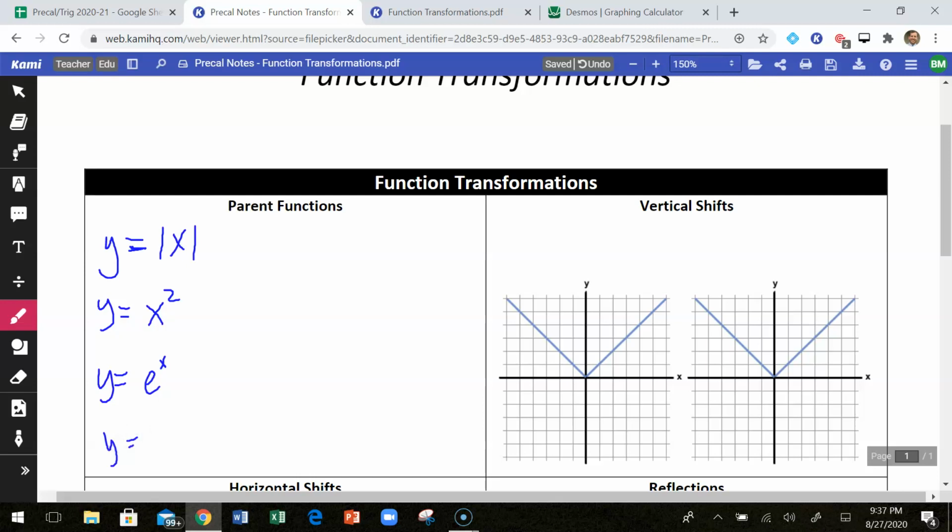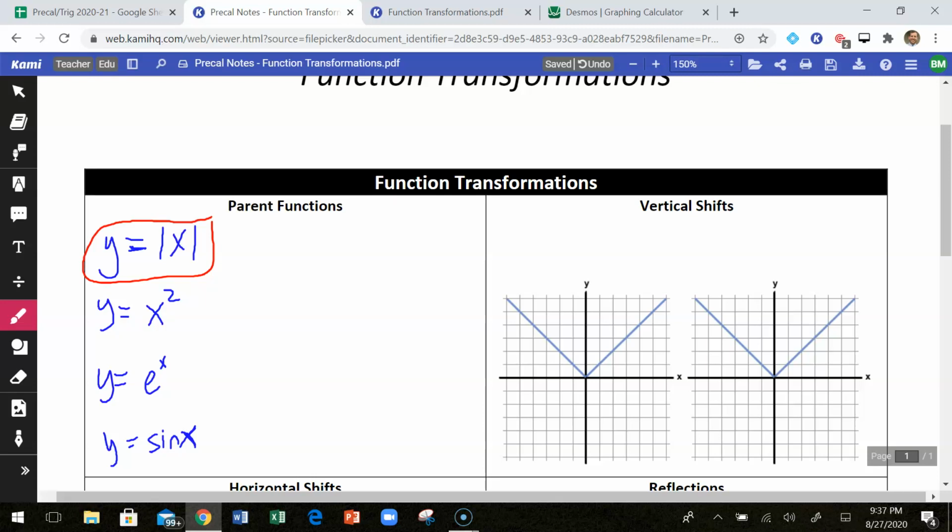You may see a trig function, which is what we'll look at later on, y equals the sine of x. But all of those things would be considered parent functions. And what you're doing when you do function transformations is you're taking that parent function and doing some addition or subtraction or multiplication to it to change the way the graph looks.